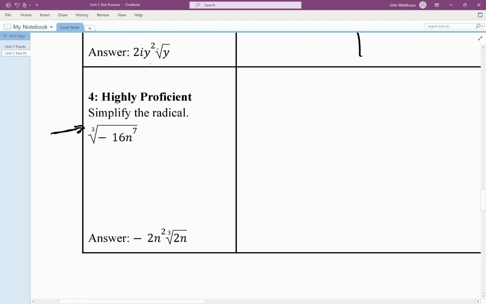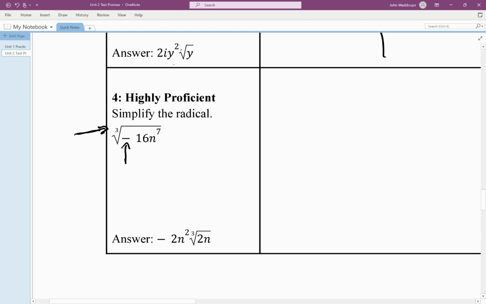So we know this negative is going to come out from under the radical as negative. We'll just break it down here. Let's say the cube root of negative 1 times the cube root of 2 times 2 times 2 times 2.